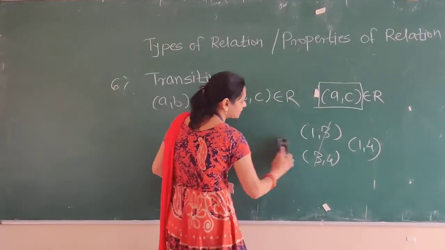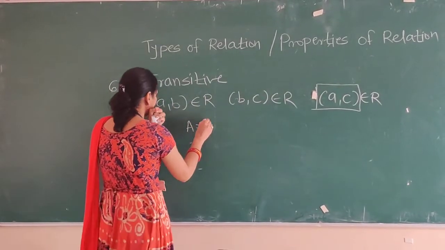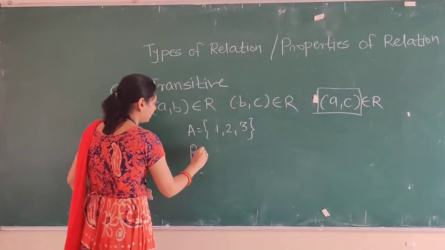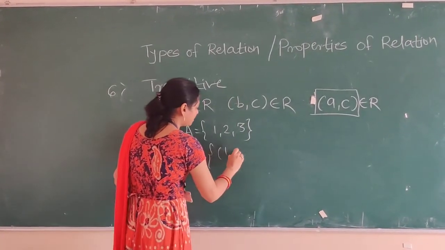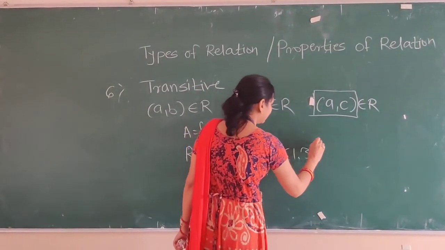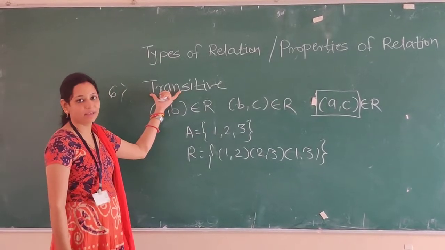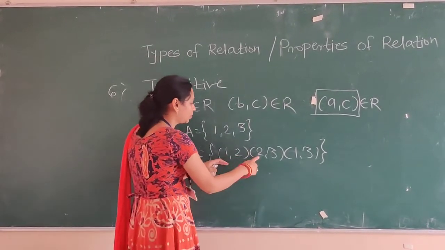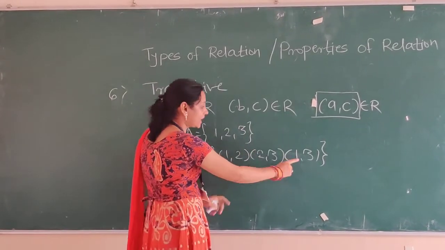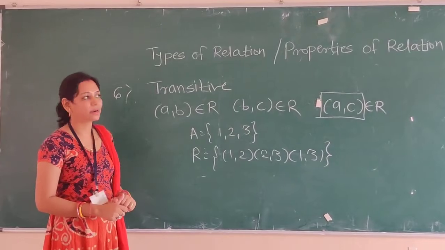For example, we have set A as {1, 2, 3} and we have the relation as (1,2), (2,3) and (1,3), then it satisfies the property of transitive. Because from (1,2), (2,3), the term becomes (1,3) and that is also present. So it satisfies the transitive property.